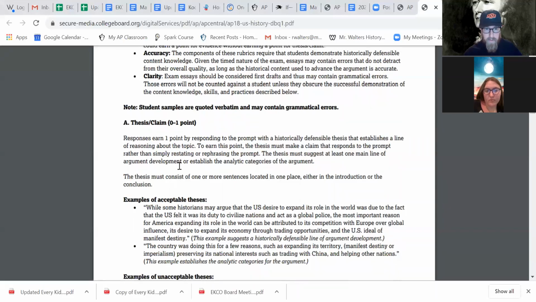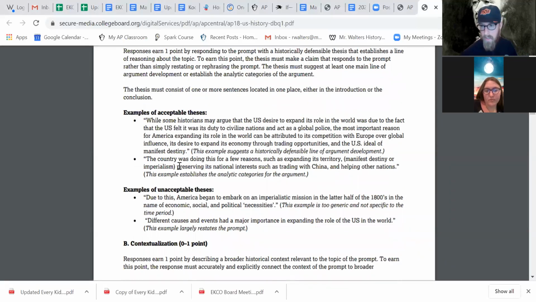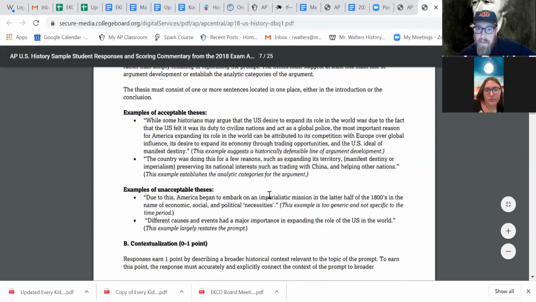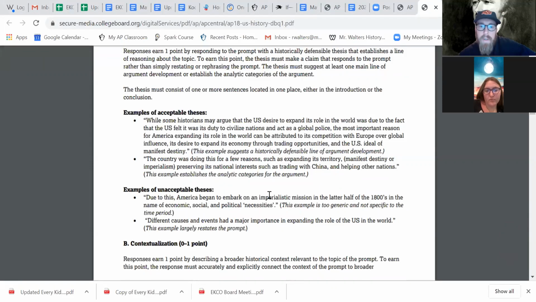But let's look at an example here. This is a good thesis. This is literally one a student wrote and got full credit 2 years ago. While some historians may argue that the U.S. desire to expand its role in the world was due to the fact that the U.S. felt it was its duty to civilize nations and act as a global police, the most important reason for America expanding its role in the world can be attributed to its competition with Europe over global influence, its desire to expand its economy through trading opportunities, and the U.S. ideal of manifest destiny.